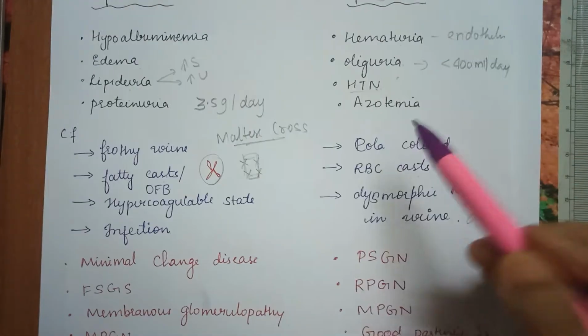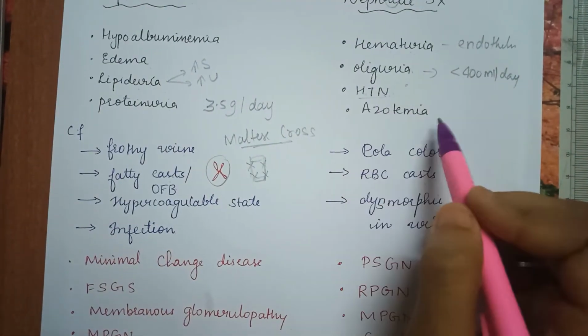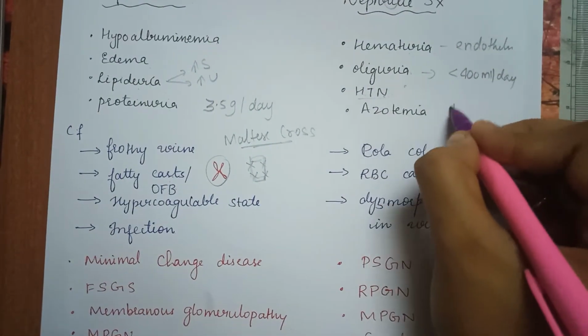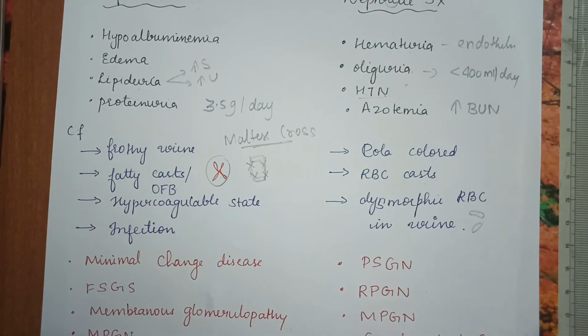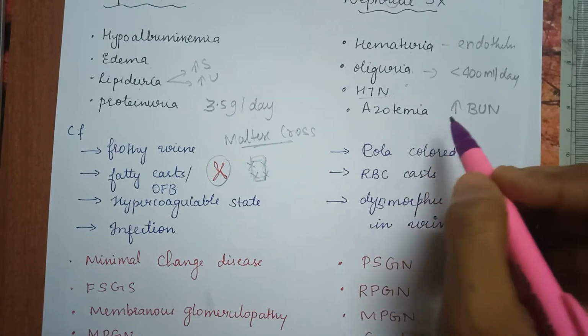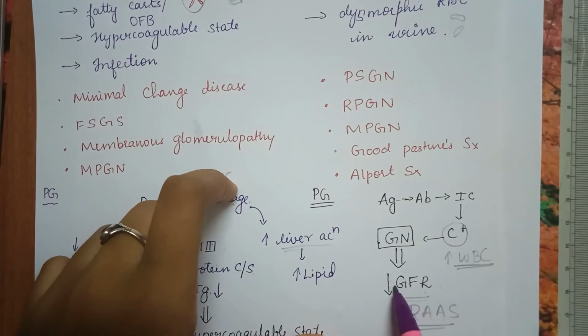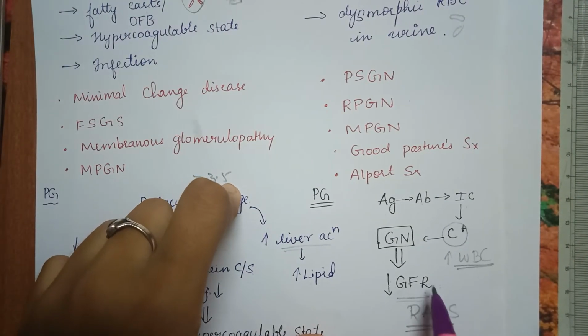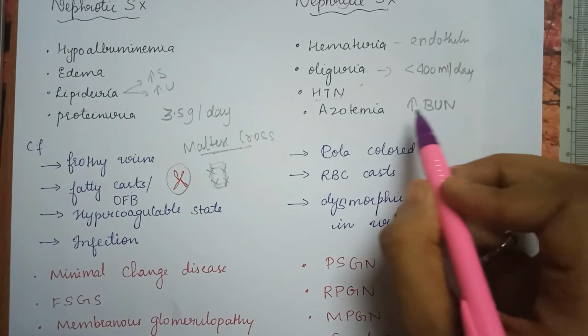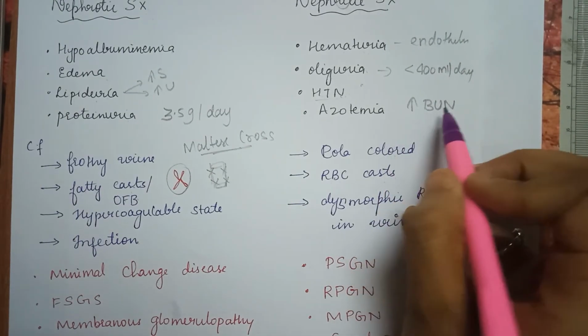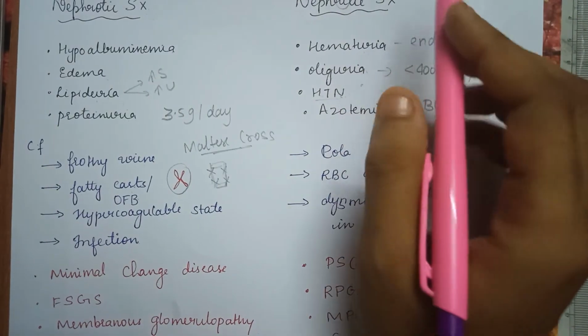Now why is there azotemia? Azotemia is nothing but increased blood urea nitrogen level. I have explained in one video in detail about acute kidney injury. Whenever there is decreased glomerular filtration rate, there is always accumulation of urea, so blood urea nitrogen increases. Understood? Therefore this is a feature seen in nephritic, and this is the pathogenesis.